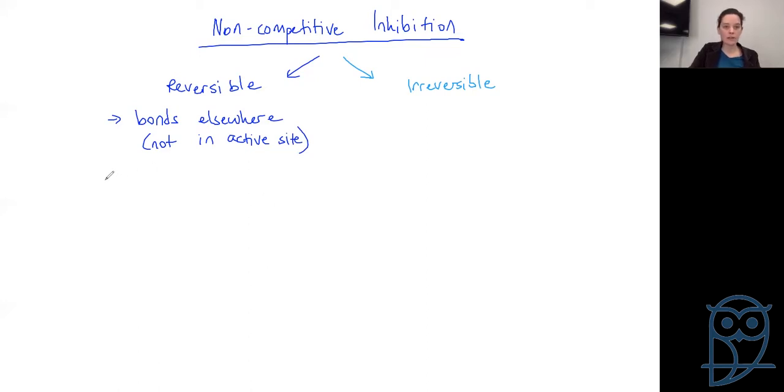So it's bonding elsewhere, but in order to be reversible, it must be temporary bonds. Okay, if it's irreversible, it could be bonding at that active site or somewhere else, because the thing about being irreversible is that it's a permanent bond.